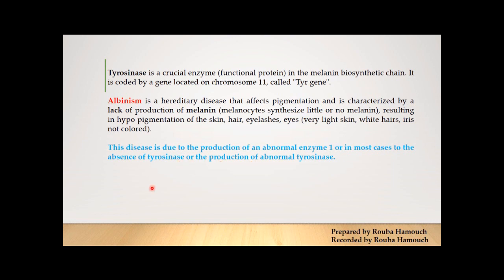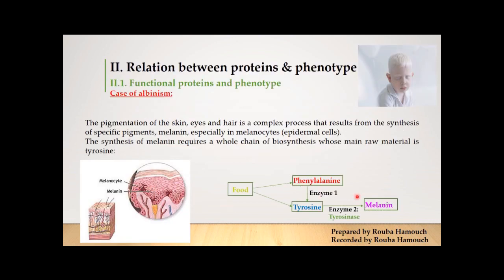Since we have already seen that tyrosinase transforms tyrosine into melanin, if tyrosine is not transformed into melanin, or if tyrosine is absent, thus melanin will not be produced and we have albinism.